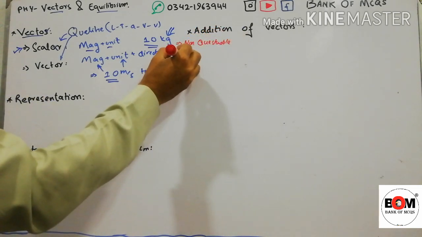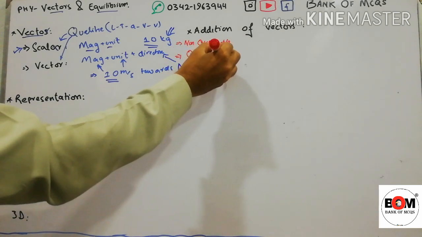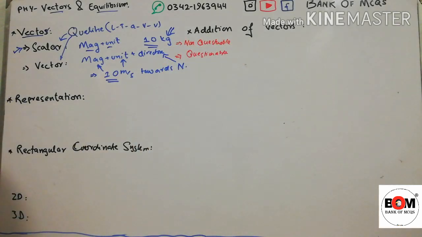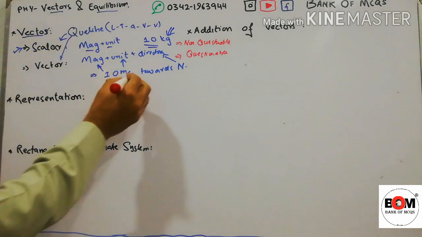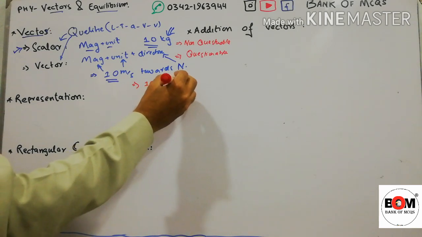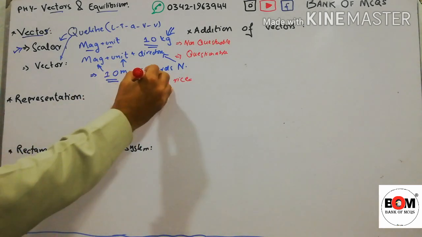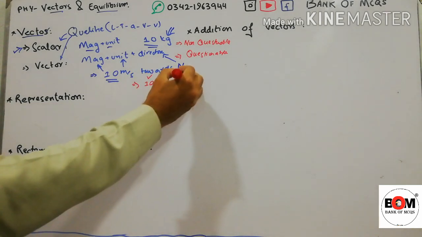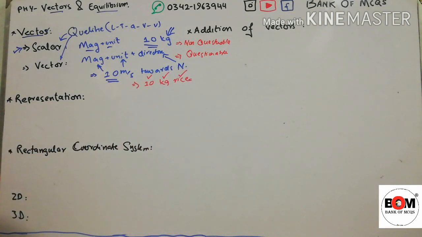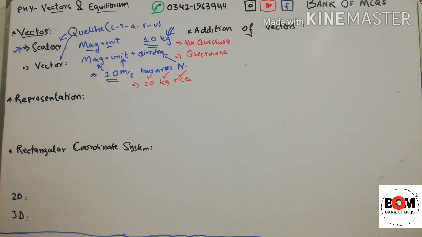The other way to remember this is that scalar quantities are non-questionable and vector quantities are questionable. How? If someone says to a shopkeeper, give me 10 kilogram rice, here 10 is magnitude, kilogram is unit, and rice is the substance.